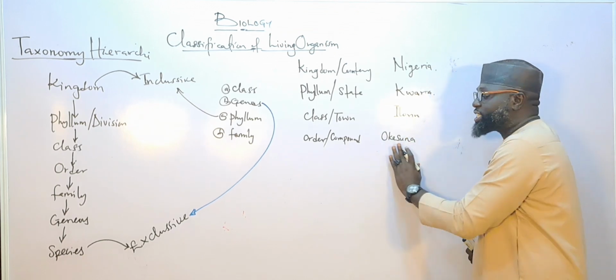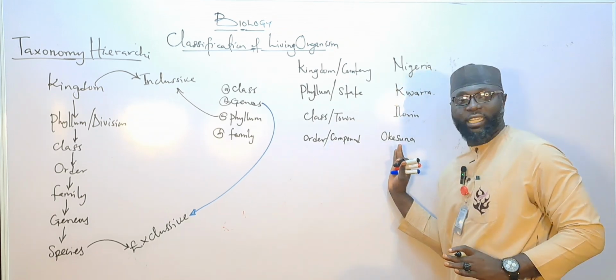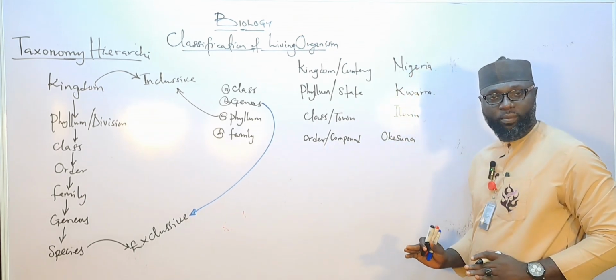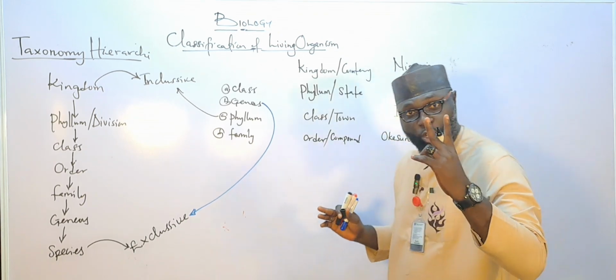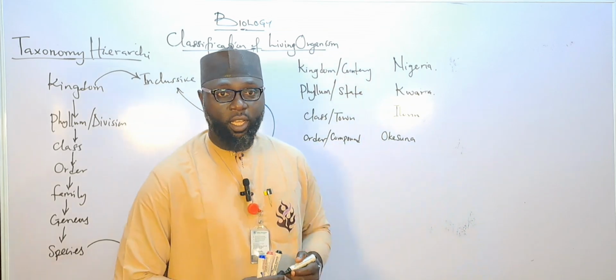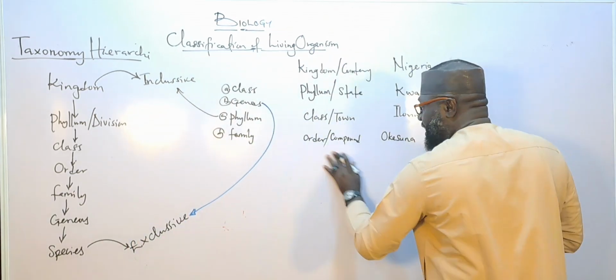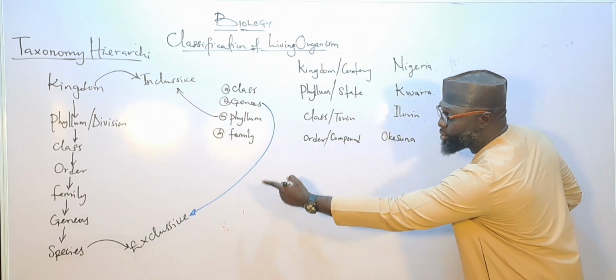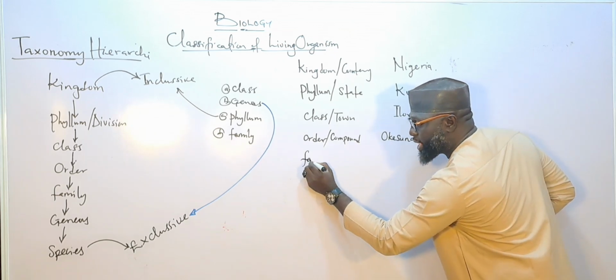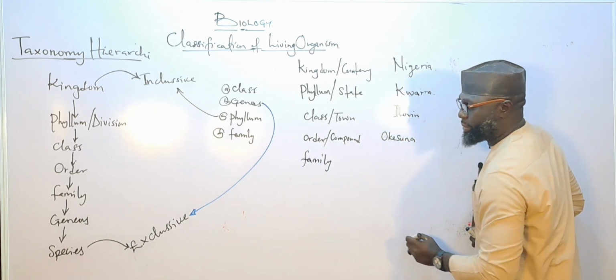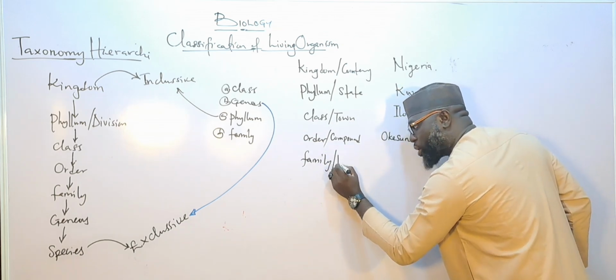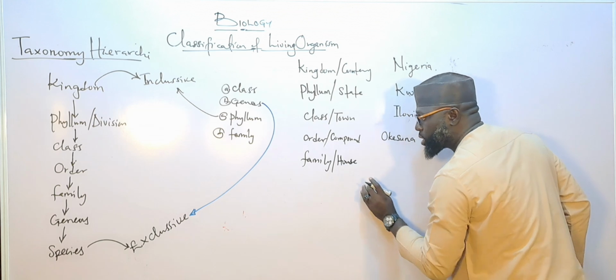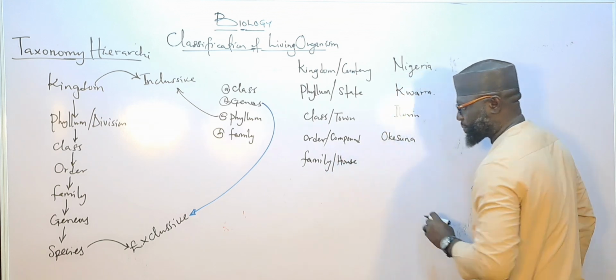When we get to Ilorin, just ask for Okesuna. That's my compound. In the town of Ilorin, we have just one Okesuna. Then we have family. My family is the house number.